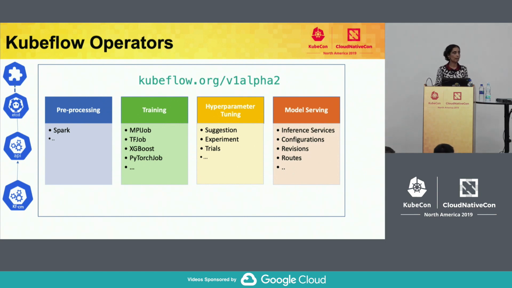So for example, let's take an example of a TensorFlow TFJob operator. When you're looking at distributed training, in your training code what you would specify is a cluster spec. And cluster spec is how you want to distribute your training workload. The TensorFlow job makes it very easy to describe your cluster spec, as you will see in this YAML file. And then underneath, it spins up all the pods necessary to maintain that cluster definition.